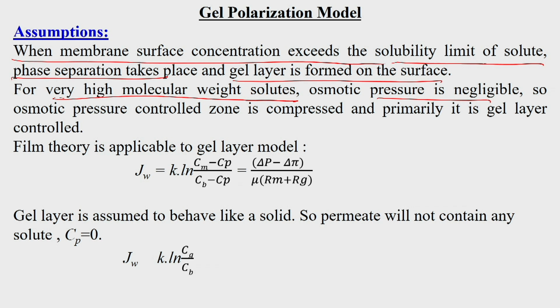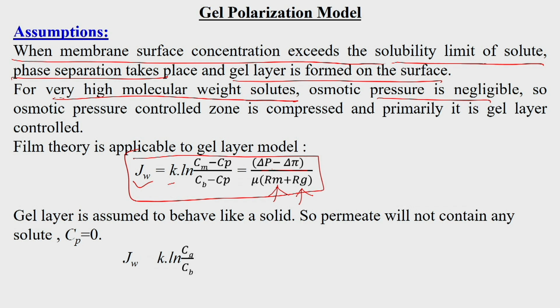So, there we can use film theory like this: Jw will be equal to K into ln of Cm minus Cp by Cb minus Cp, that is nothing but delta P minus delta pi, that is the driving force, by mu into Rm plus Rg, where Rm is the membrane resistance and Rg is the gel layer resistance.